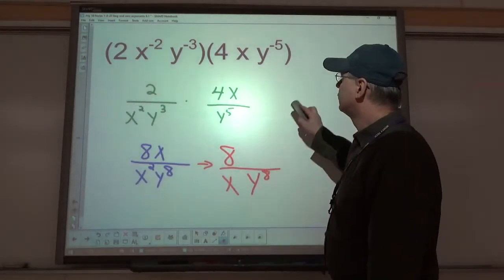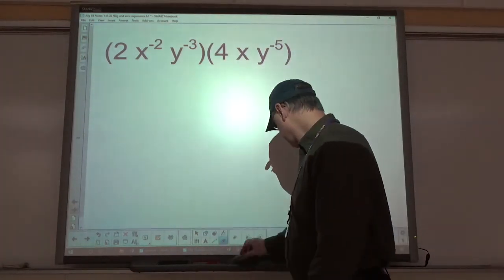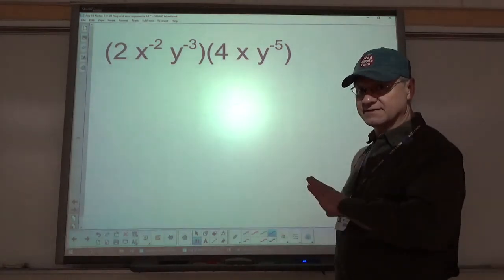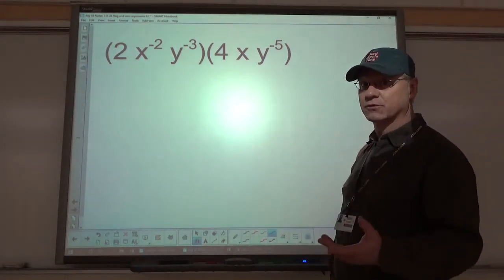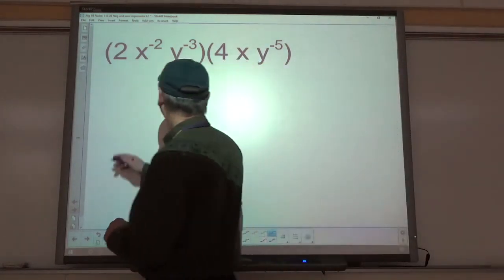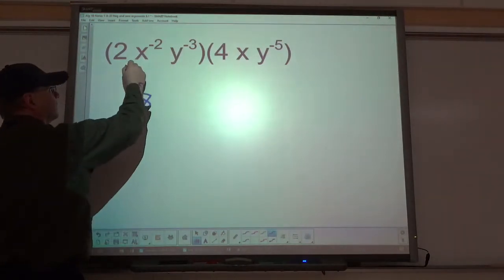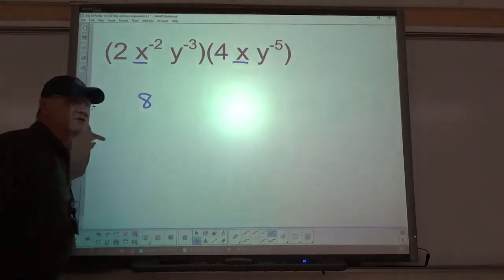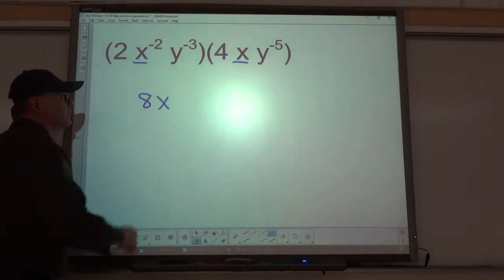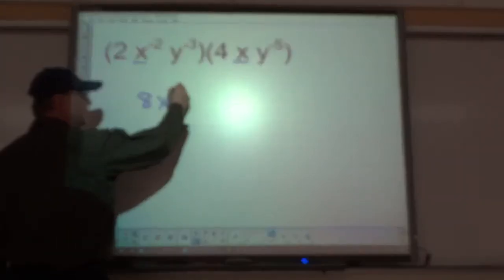The other way you could go about it, let me just erase this so I have room, is you can work with it as it is and then afterwards move things that are negative powers. Here's what I mean. I know I'm going to multiply 2 times 4, that's 8. When I multiply variables to a power, I add their exponents. What is negative 2 plus 1? Negative 1.